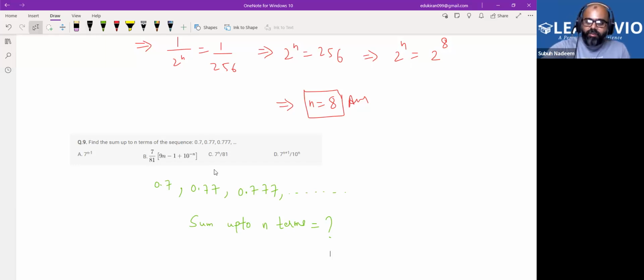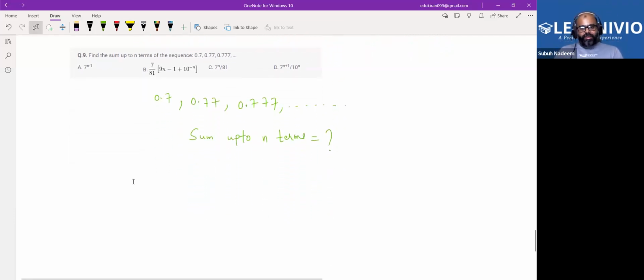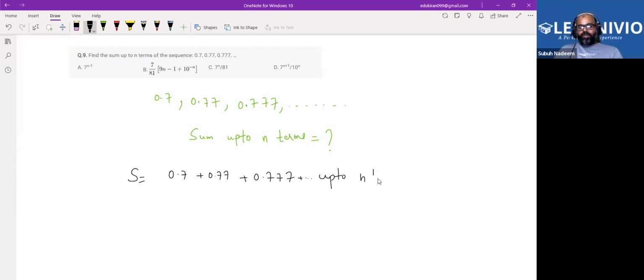So let me give you some starting hint. So you have to find the sum of this 0.7 plus 0.77 and then 0.777 up to n terms. So what you will do first, you will take 7 common.